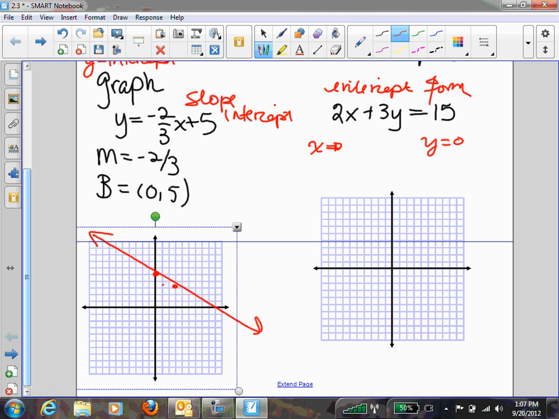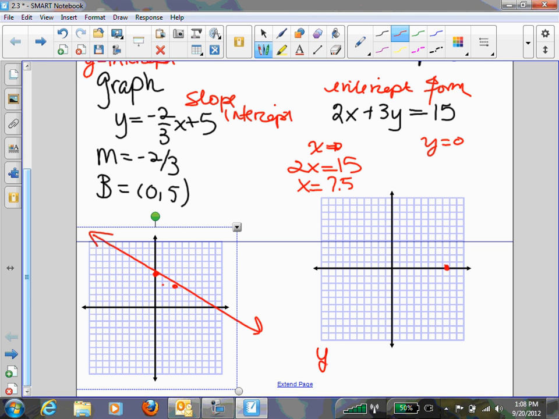So when the y value is 0, you really want to look at the equation 2x is equal to 15, because 3 times 0 is 0, and it disappears, correct? And so what is x then? So 7.5. So on the x-axis, 1, 2, 3, 4, 5, 6, 7.5. It's right there. So if I'm trying to find the x-intercept, I let y be 0.